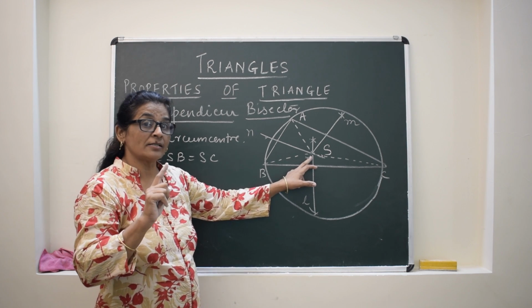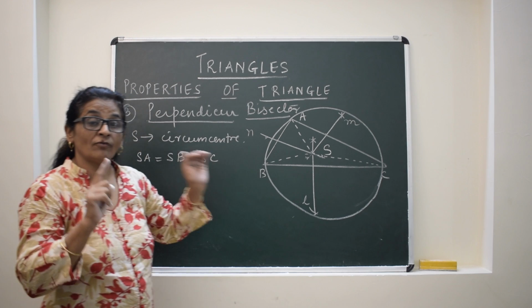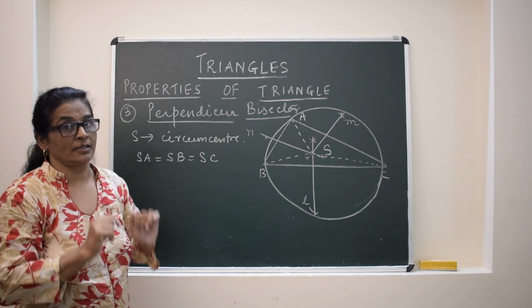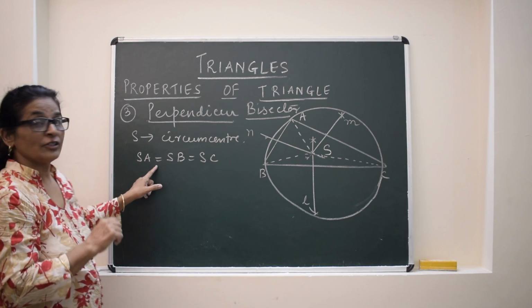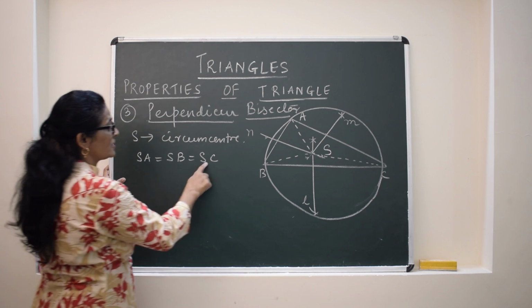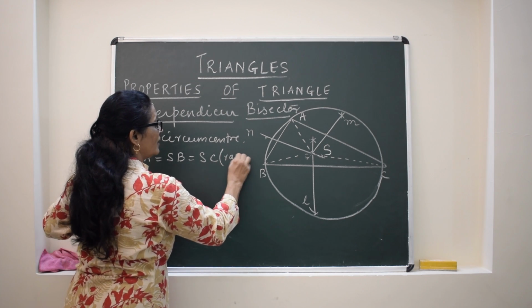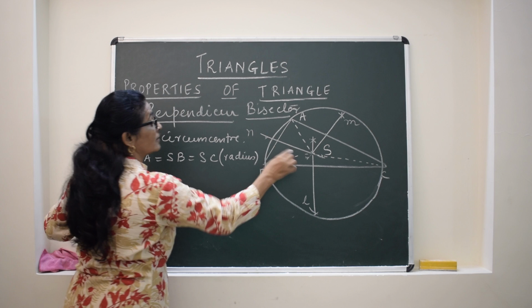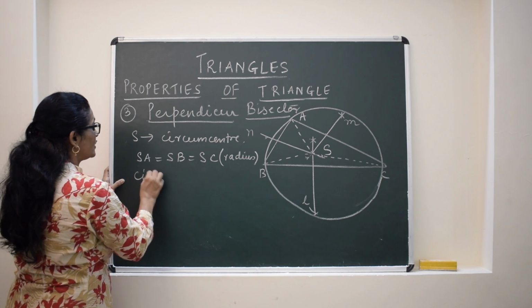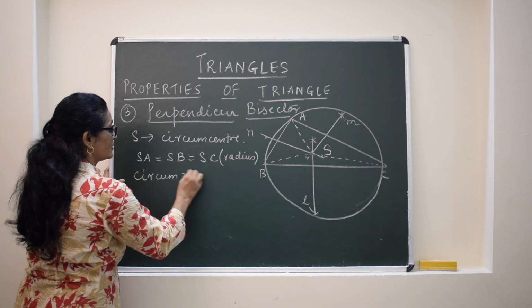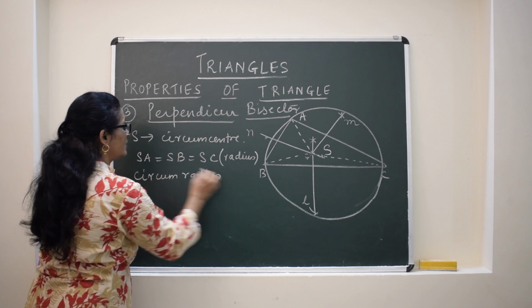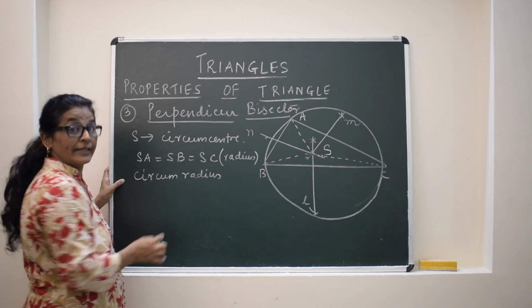And how did we get the circumcenter? By the point of concurrence of perpendicular bisectors. Now there is another definition. All these distances work as the radius of that circle, so each one of these distances is called the circumradius.